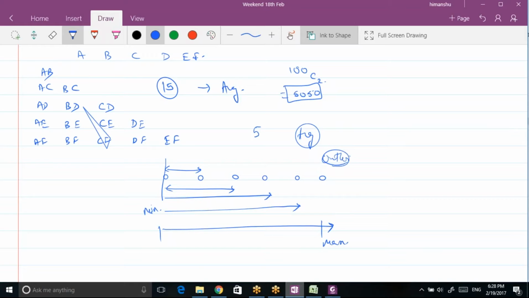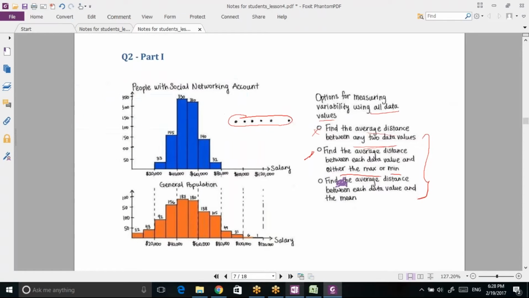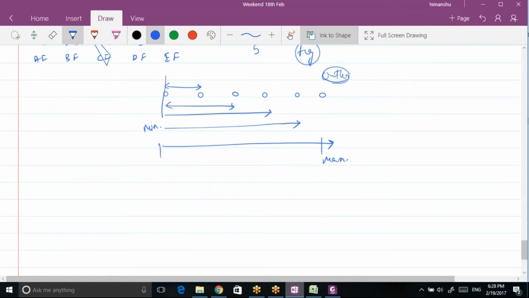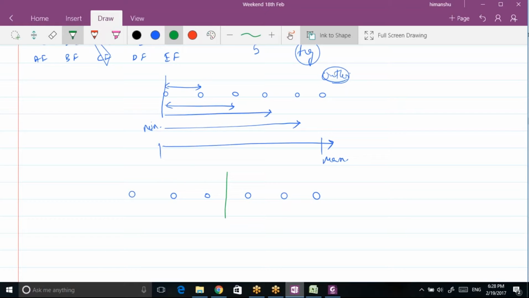Now the third option. The third option says find the average distance between each data value and the mean. So what it says is, I have the 6 data points. Let's say my mean is here. Now I have to find the distance of everything from the mean.